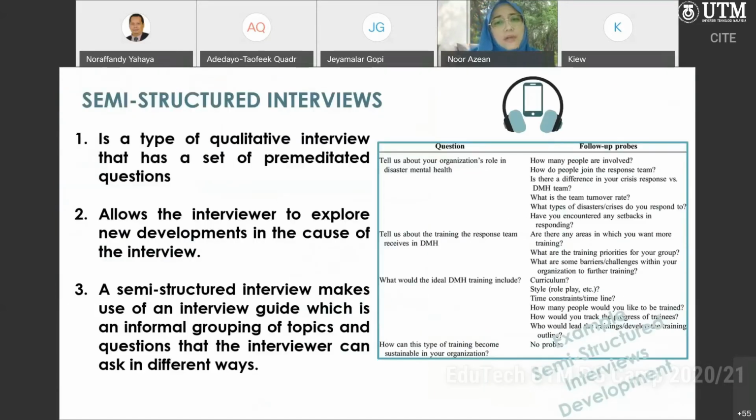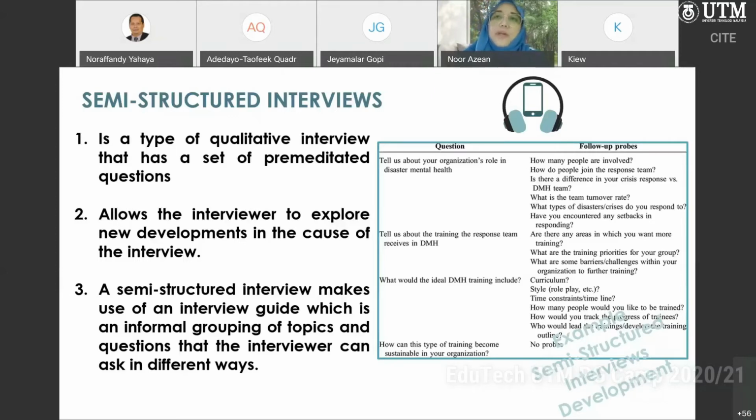Then we look at the semi-structured interviews. Most students at the PhD level are advised to do the semi-structured interview, but you can also do the structured interview. A semi-structured interview is a type of qualitative interview that has a set of premeditated questions, yet allows the interviewer to explore new developments in the course of the interview.